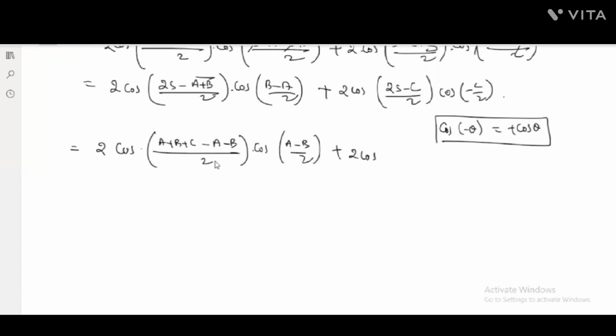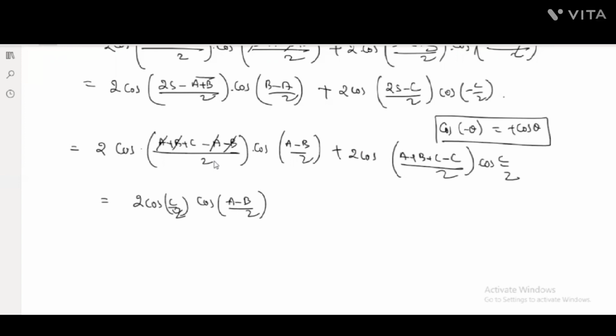Then 2 cos of (a plus b plus c minus c) by 2 into cos of c by 2. Here minus a minus b cancel, so it will be 2 cos c by 2 into cos of (a minus b) by 2, plus 2 cos, where plus c minus c cancel, of (a plus b) by 2 into cos c by 2.